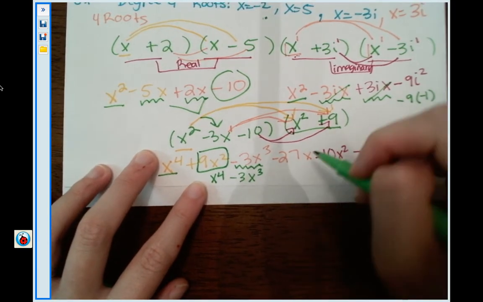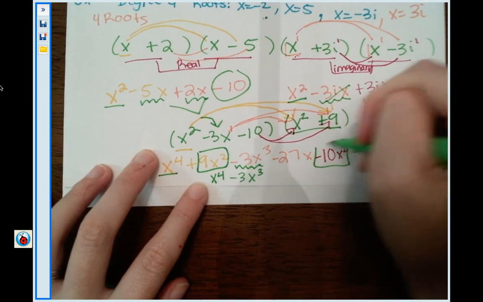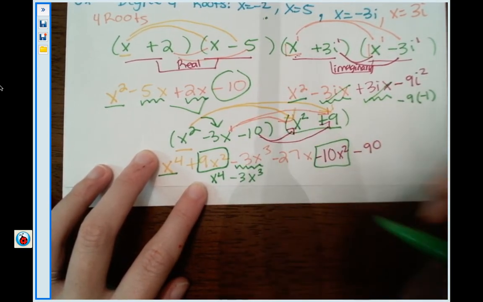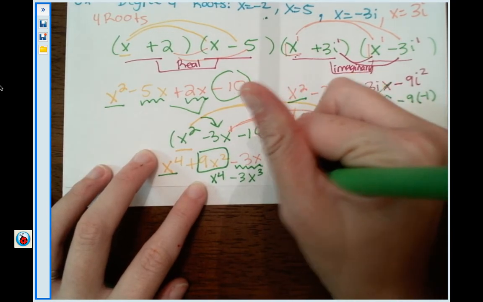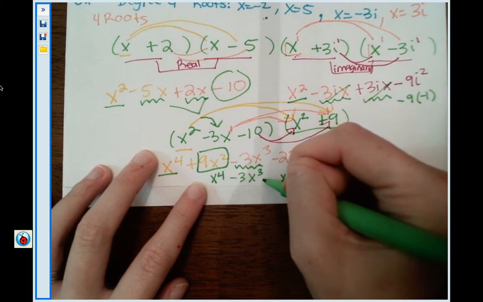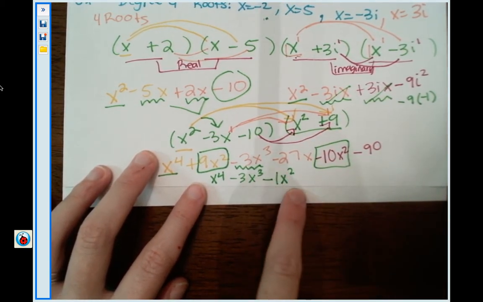And holy hot dog, you guys, this one does have something to combine to. My -10x squared, which, remember, don't touch the exponents when you combine like terms. So I'm going to bring my x squared down. And then 9 minus 10 gives me a -1. Or you could just write -x squared, because -1x squared is the same as -x squared.